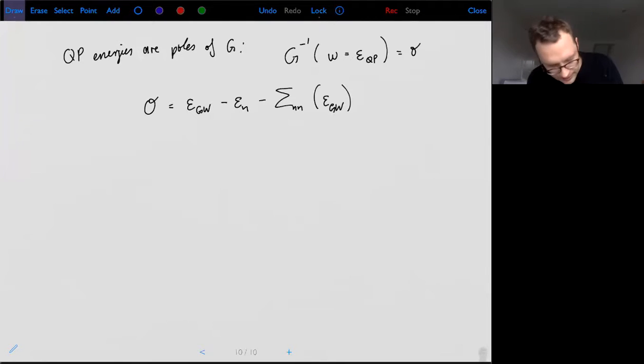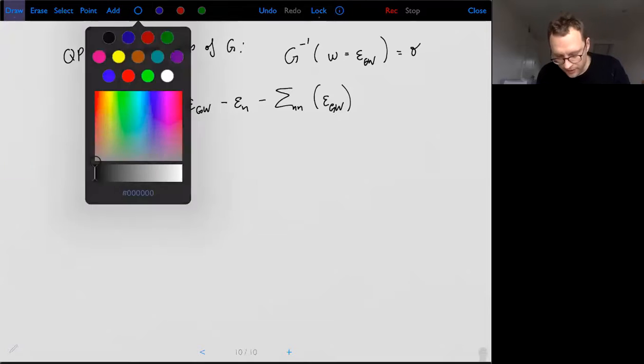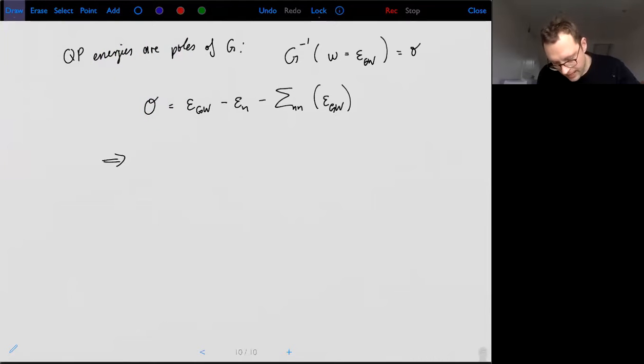So, well, I guess I'm not quite consistent. Let me just call this the GW energies. Or in other words, if I rearrange this, then the GW energies are basically epsilon n plus sigma nn of E GW.